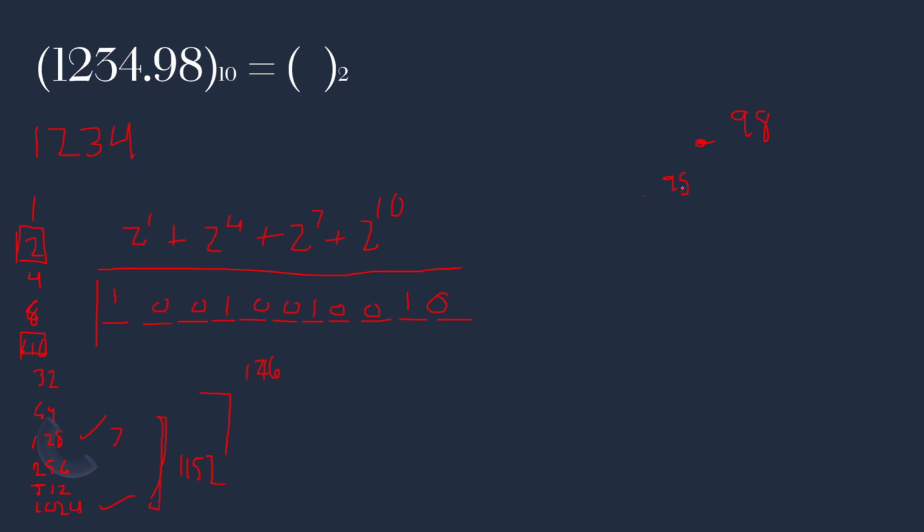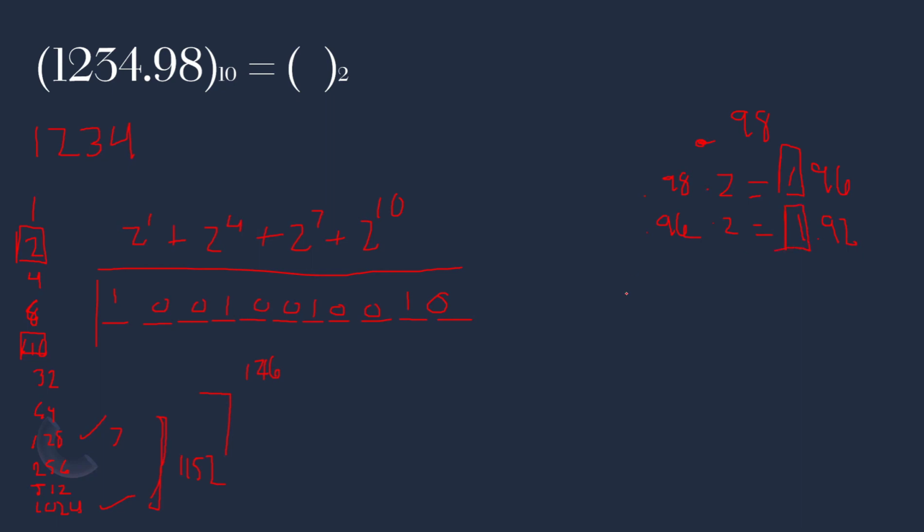0.98 times 2 is 1.96. Take this one, multiply the fraction part times 2. 1.96 times 2 is 1.92.